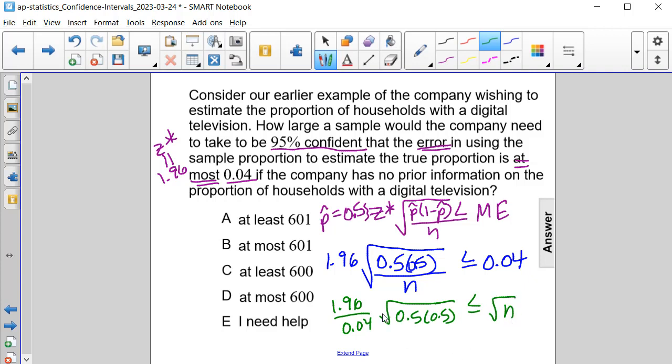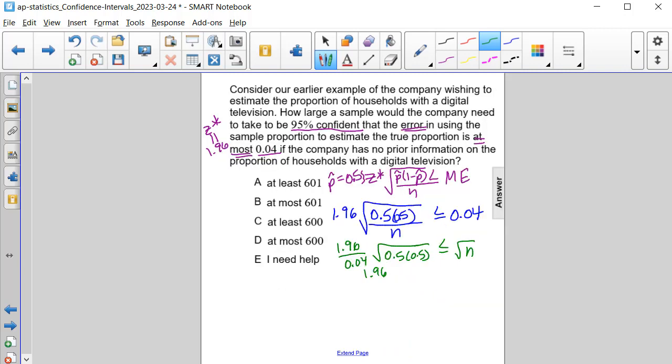Now some of you might be saying, well, 5/10ths times 5/10ths is 5/10ths squared, and I can square root that, and I'll have 5/10ths. So 1.96 divided by 4/100ths times 1/2, or 5/10ths, is less than or equal to the square root of n.